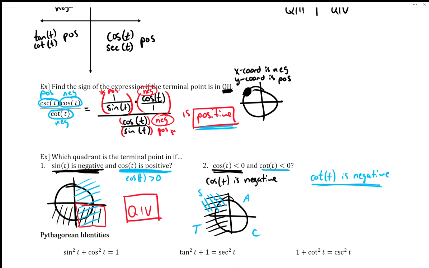If tangent is positive in quadrant 3, so is cotangent. Cosine is positive in quadrant 4. The others are negative, except for secant. So that means cotangent of t is negative in these two quadrants. Okay, and again, it's where they overlap is where the final answer would be, quadrant 2.